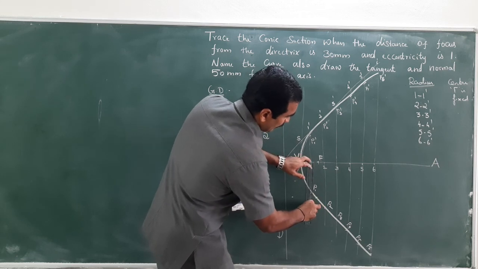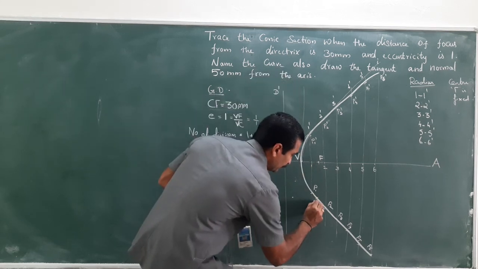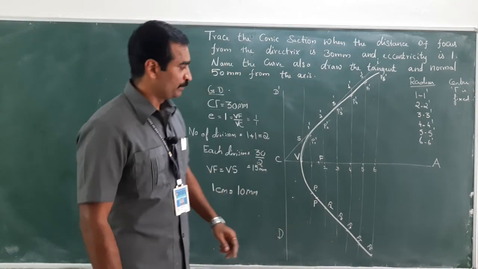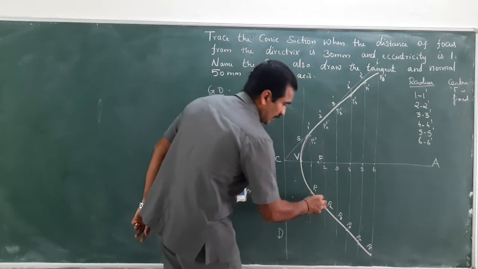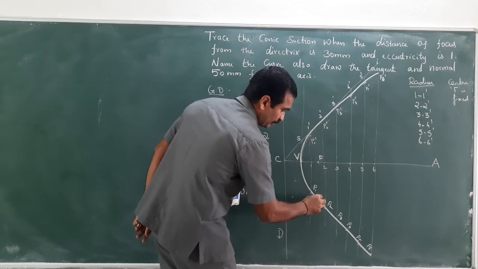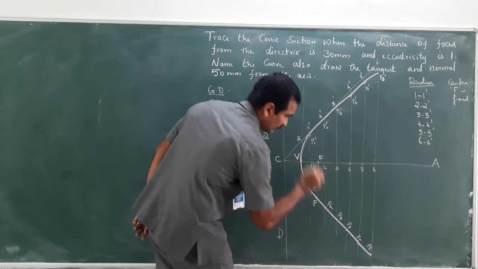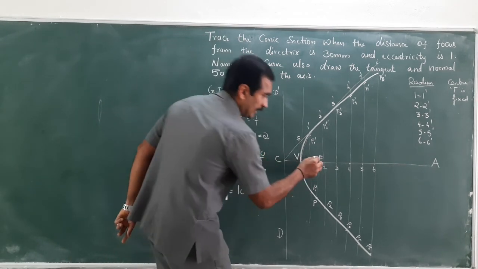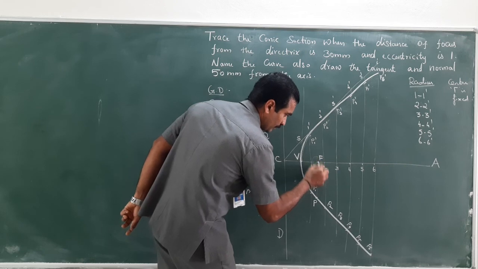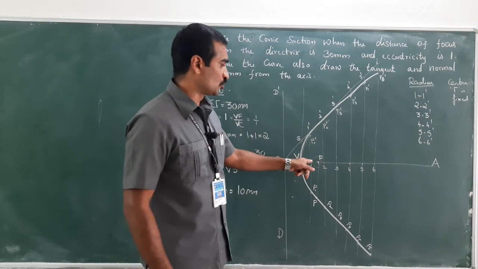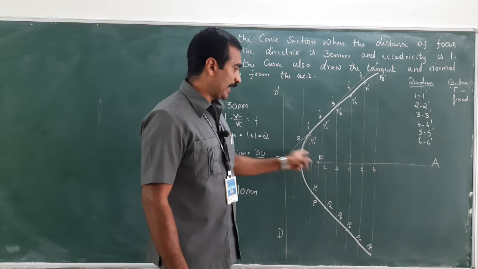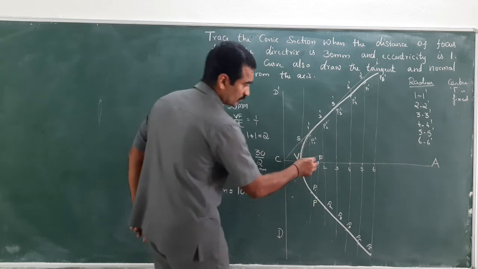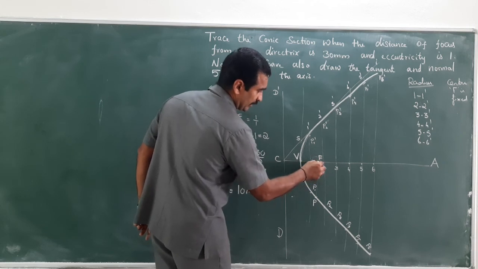This point I consider as P. Now, let me just join the line PF. At F, keep a protractor and choose 90. This line should be perpendicular to PF. So 90 is somewhere here.